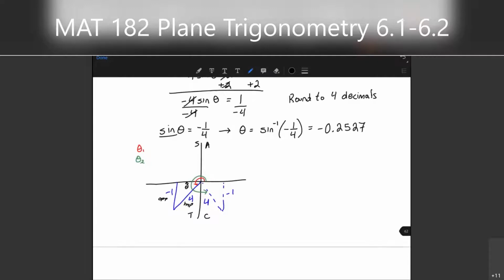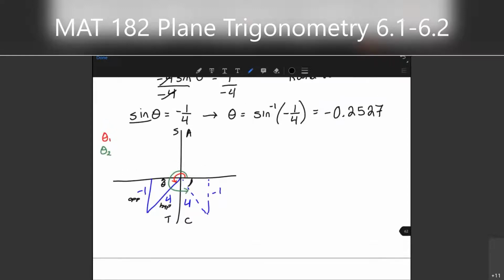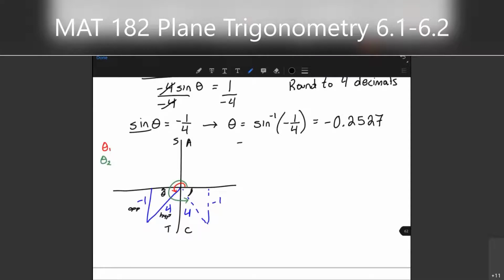The solution we actually grabbed was the 4th quadrant solution, and it represents it as a negative because remember that the sine inverse function goes between negative pi over 2 and pi over 2. So it's going to give you solutions in the 1st and 4th quadrant, where that 4th quadrant has a negative solution.